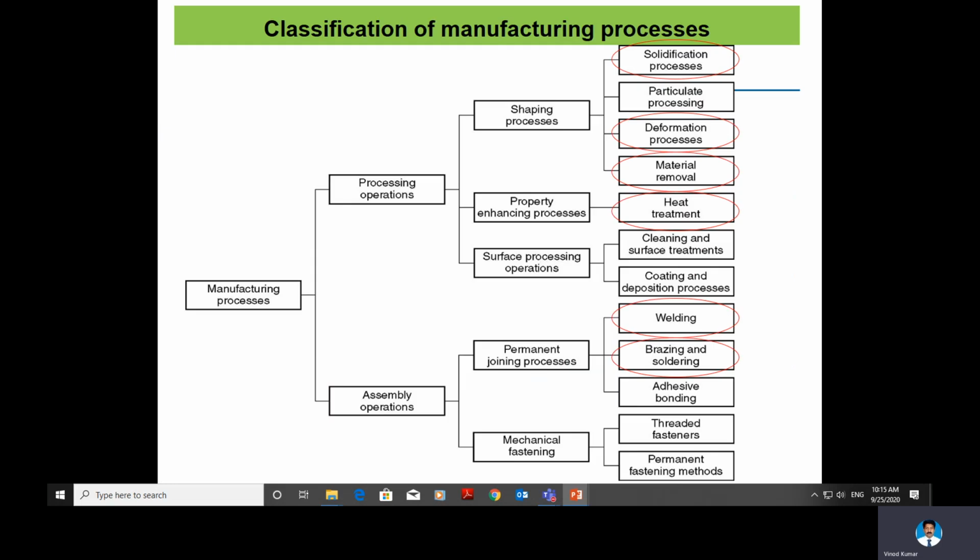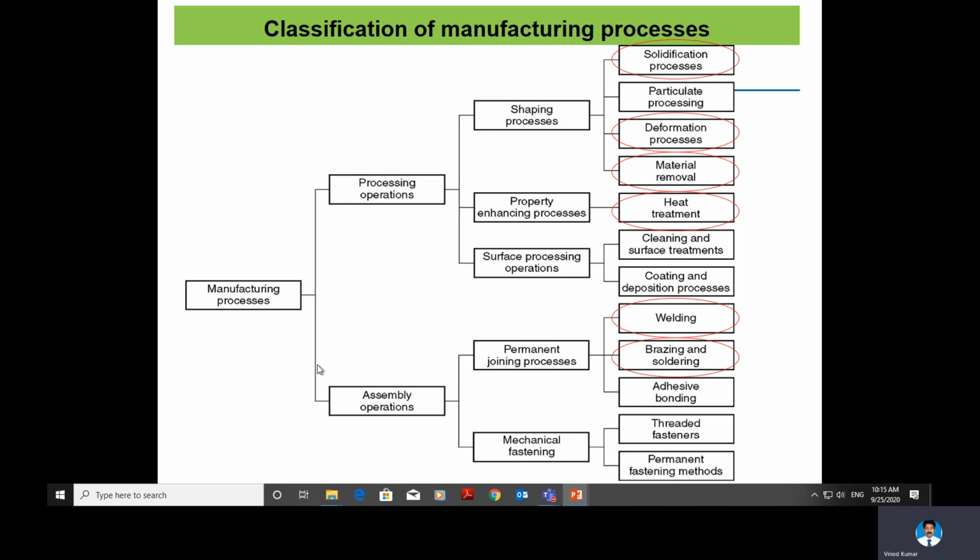Joining, metal joining processes. So in manufacturing, processes are divided mainly into two. Processing operations change the shape and size: we have solidification or casting, particulate processing, deformation, and material removal, which changes the shape by removing material. Then we improve properties, like heat treatment, and surfaces, like cleaning and surface coatings.